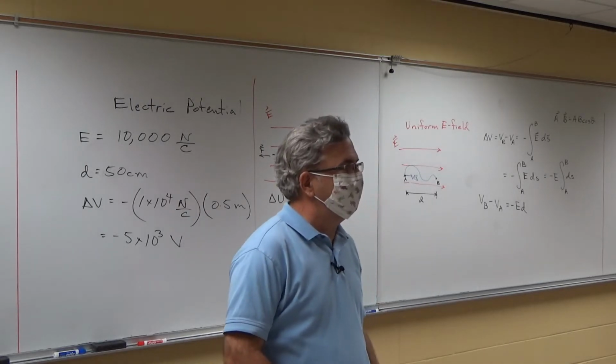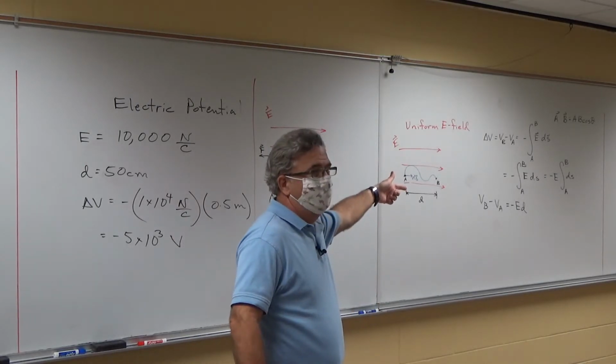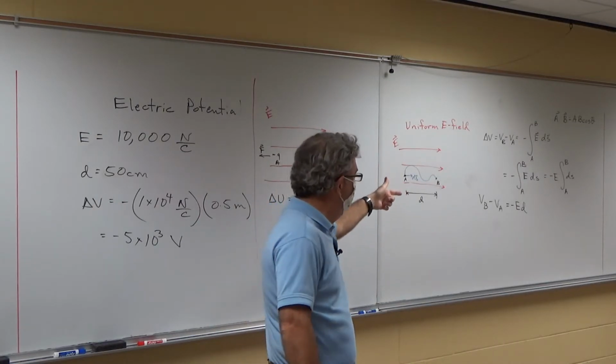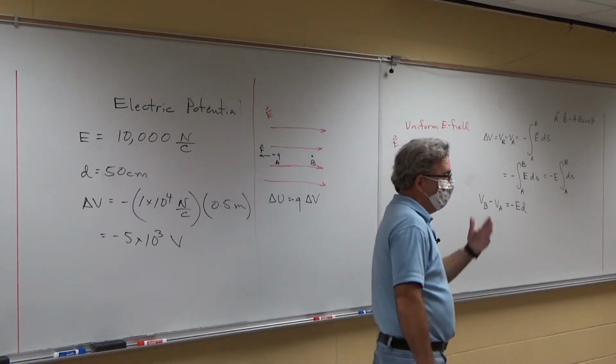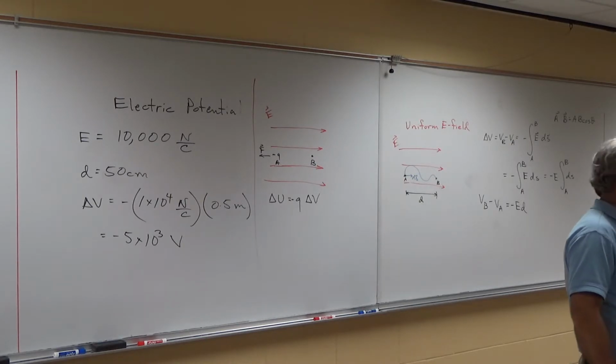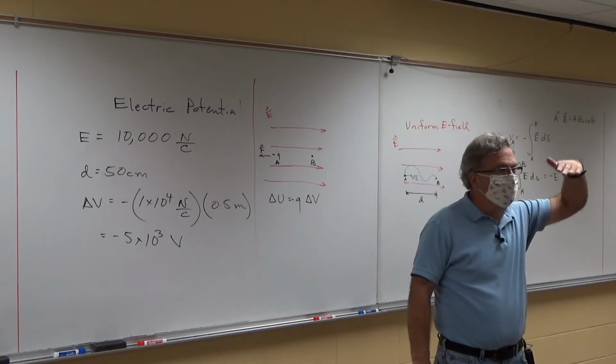Positive charges want to move with the field naturally because they're losing potential energy as they move with the field, just like masses in the gravitational field always want to move with the field. Yeah, gravity. They naturally tend to go from high potential to low.